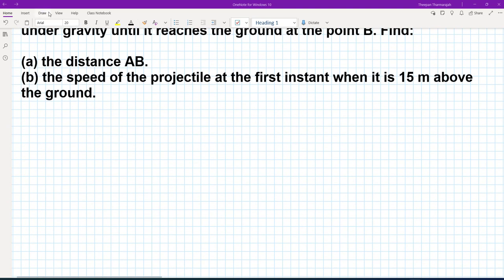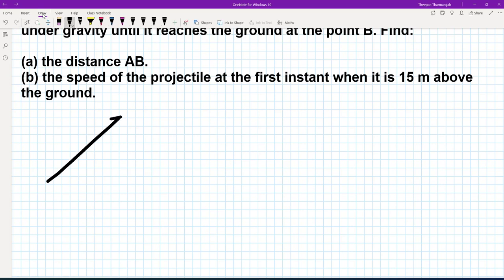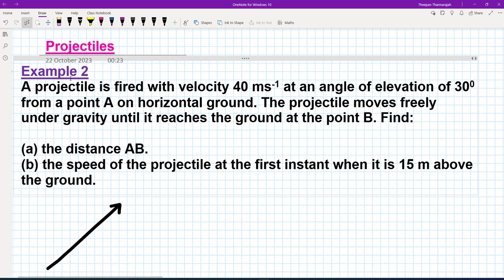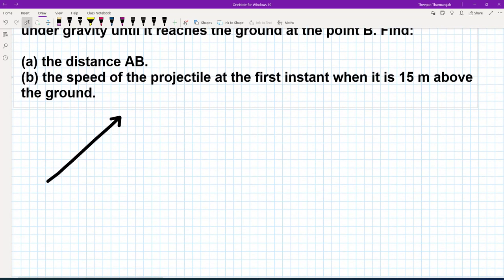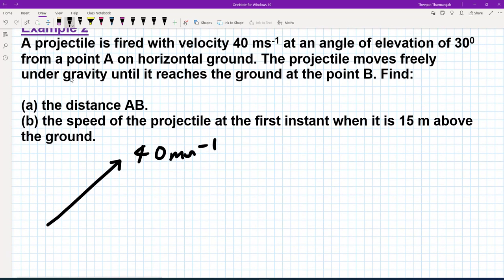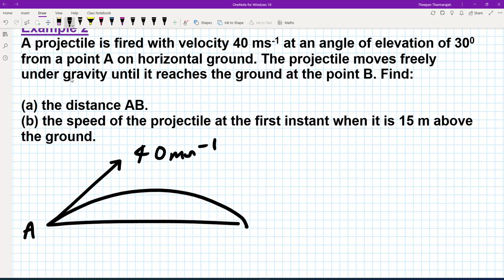So let's start off by drawing a diagram of our projectile. So it's projected with a speed of 40 meters per second, or velocity, we're going to take its components in a moment. The speed is the magnitude of velocity, don't forget. At an angle of 30 degrees from a point A on horizontal ground. So this is A. Here's our projectile motion. So let's draw the horizontal ground.